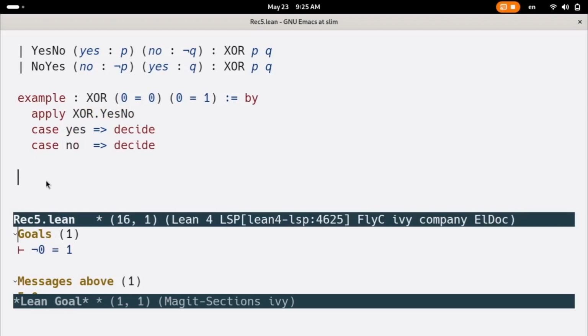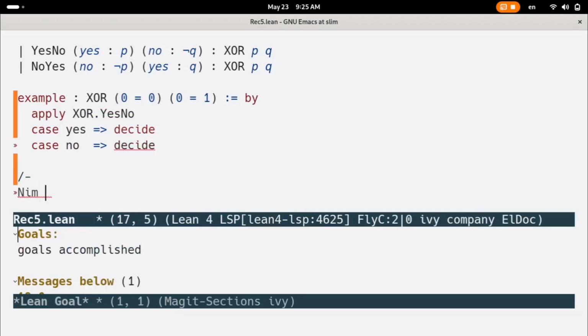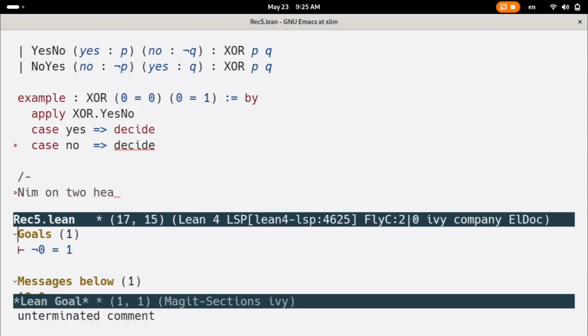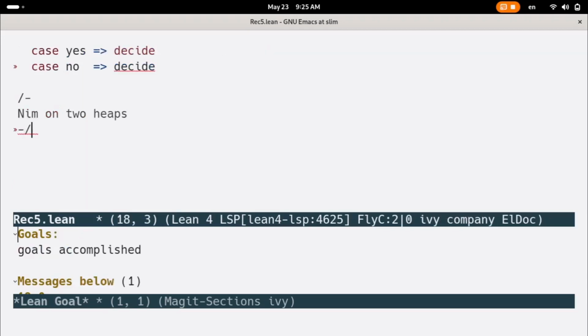Observe that the labels XOR.yes_no, yes and no were completely specified by us and not built into Lean. That is, we can teach Lean about new propositional connectives.